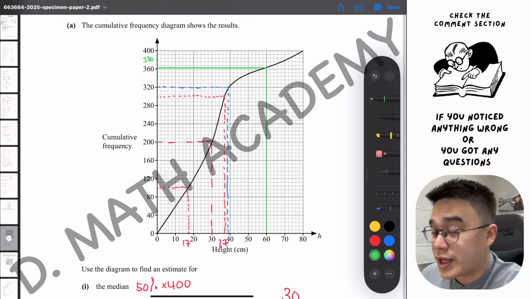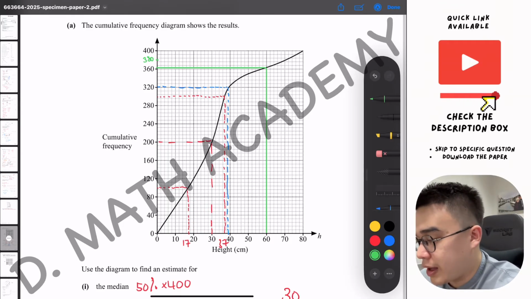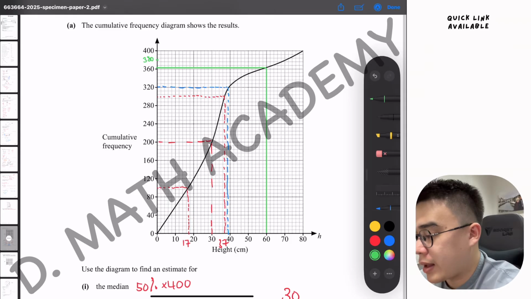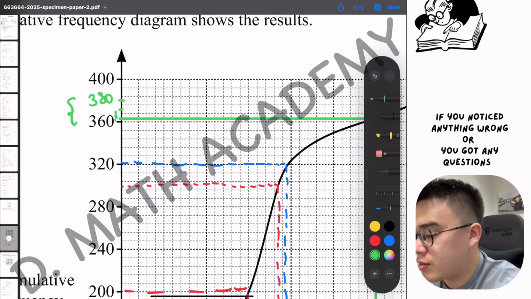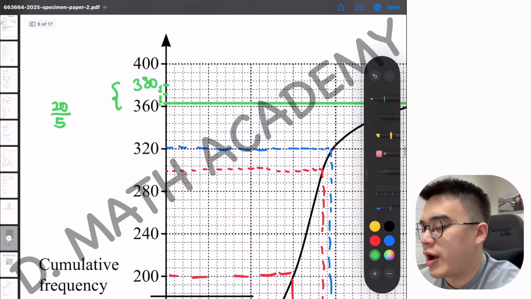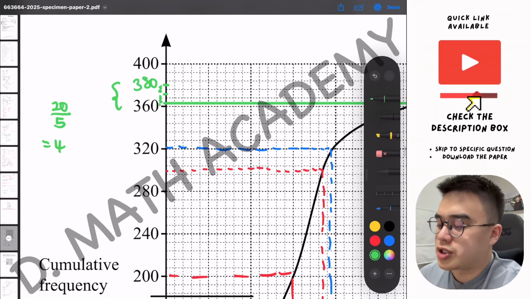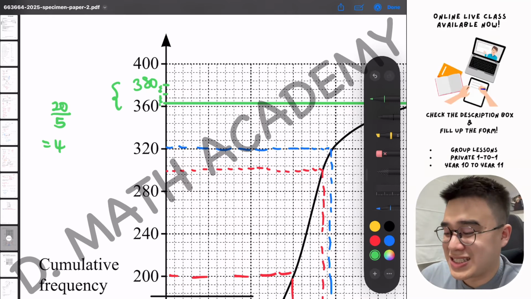Okay, time to zoom in and calculate. 20 was split by, okay, zoom in. How many halves are here? 1, 2, 3, 4, 5. 5 of them. 20 divided by 5. Each small half of it is representing 4 plants.